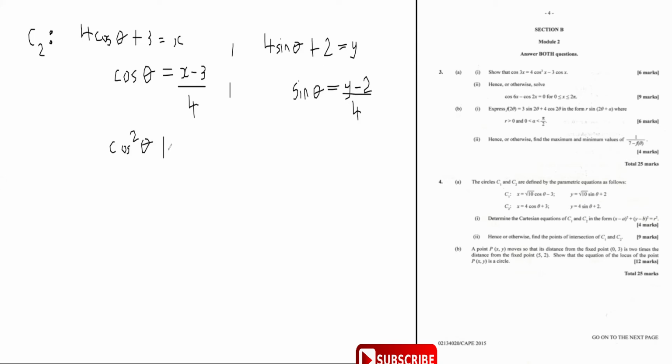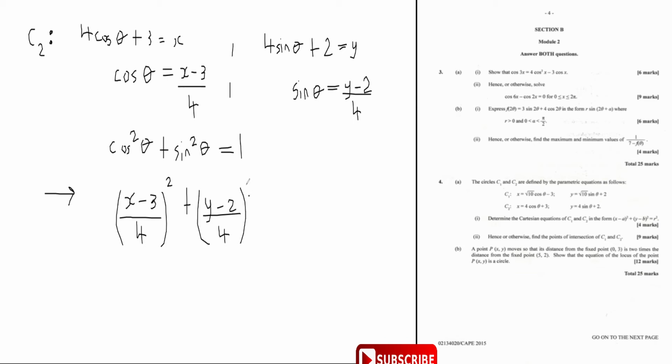Since cos square theta plus sine square theta is equal to 1, this implies that x minus 3 over 4 all square plus y minus 2 over 4 all square is equal to 1.